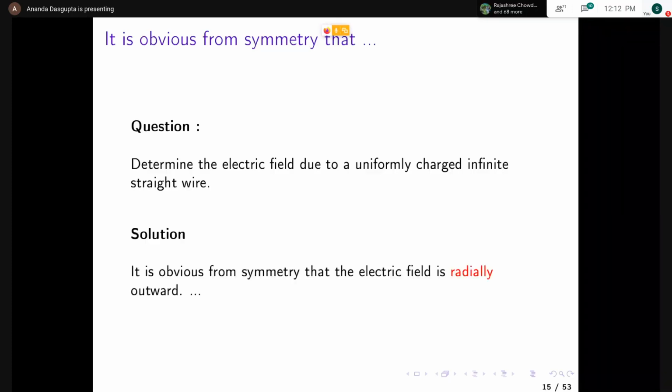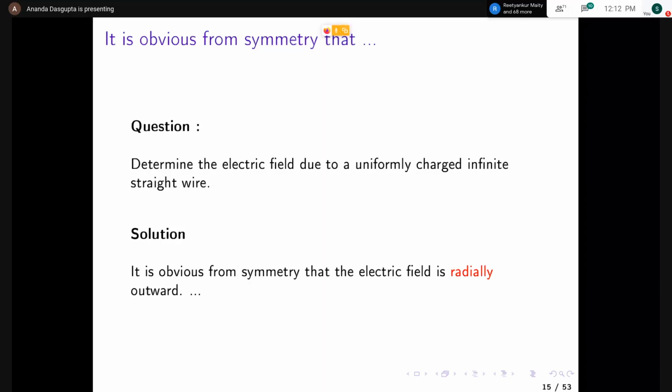And the solution, don't worry, I'm not going to work out the whole thing here and bore you with the details. But the solution starts usually with this statement. It is obvious from symmetry that the electric field is radially outwards. This is the beginning point.